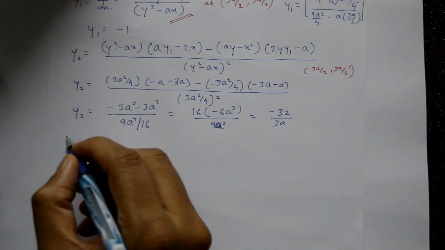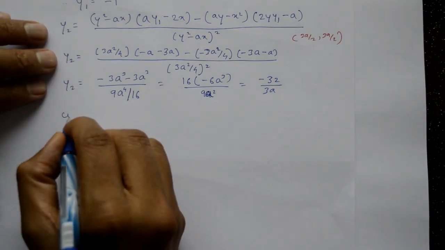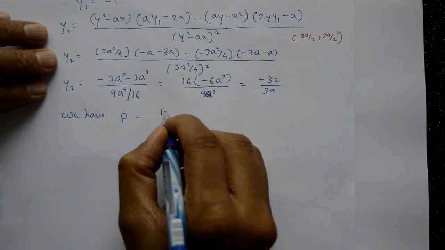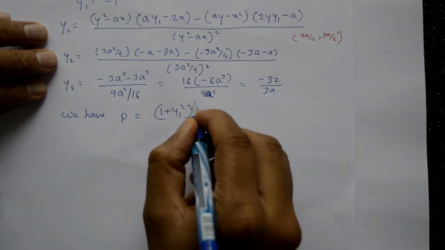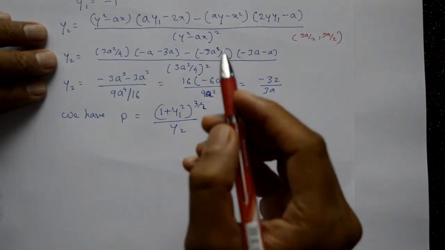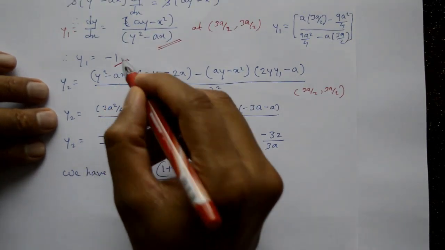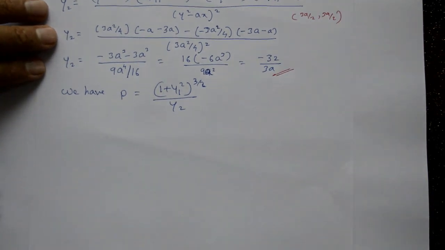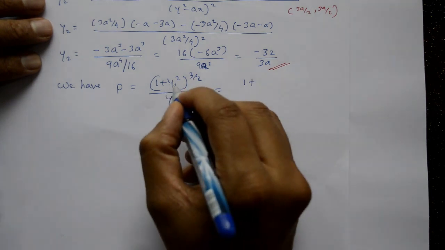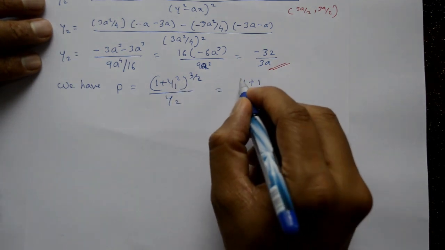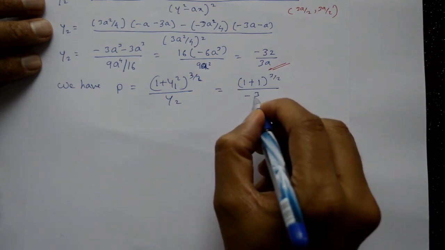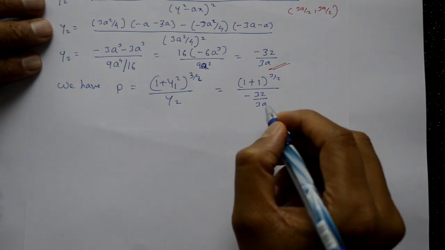Now we have the formula in Cartesian form. We have rho is equal to 1 plus y1 square to the power 3 by 2 divided by y2. So using this y1 value and this y2 value, this is equal to 1 plus minus 1 square, means again 1, to the power 3 by 2, divided by y2, minus 32 by 3a.